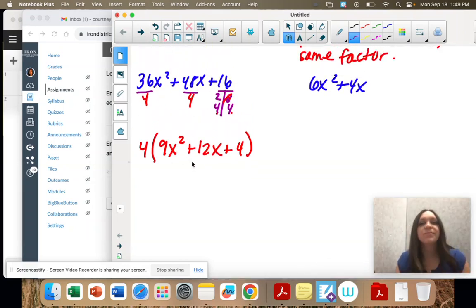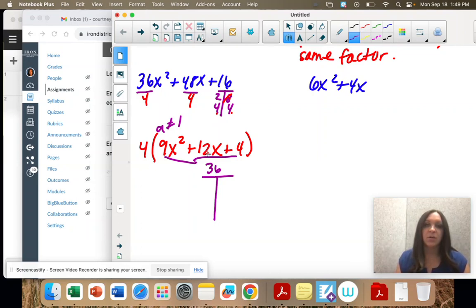So a does not equal 1. That means we have to factor the long way. Sorry. So you multiply 9 times 4 to get 36, and then you're breaking this up. So we want factors of 36 that add or subtract to 12.